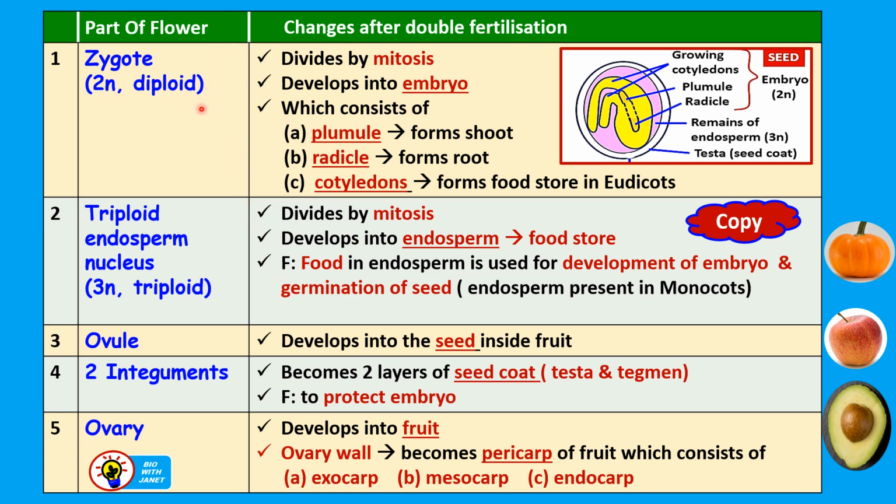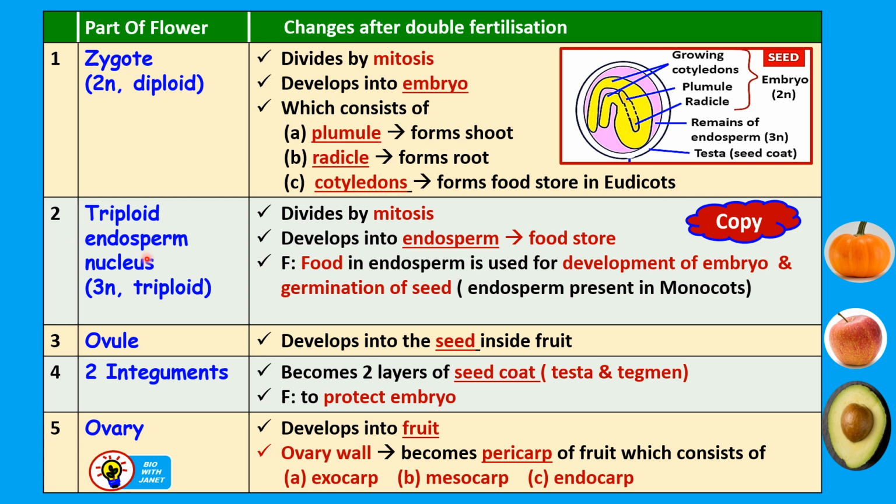The zygote, which is diploid, divides by mitosis after double fertilization. It develops into the embryo, which consists of the plumule that forms the shoot, radicle forms the root, and cotyledons form the food store in the eudicots, such as in the bean seed.